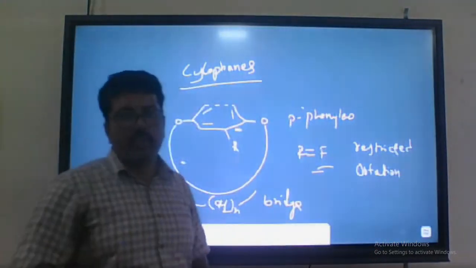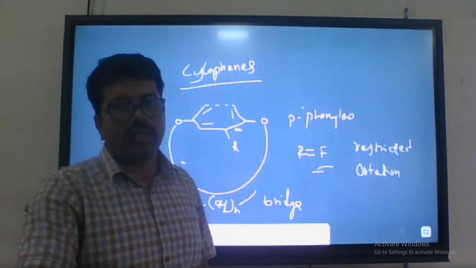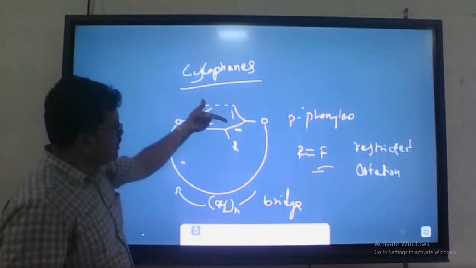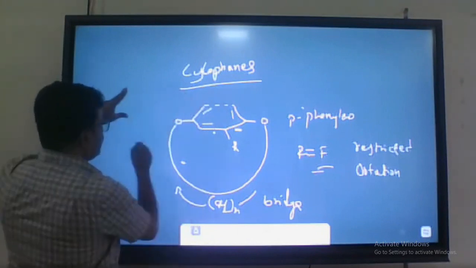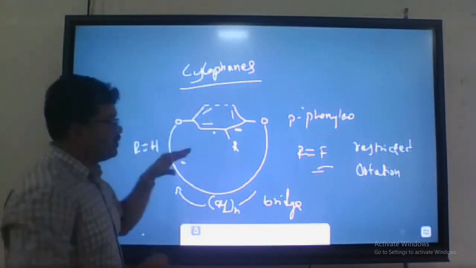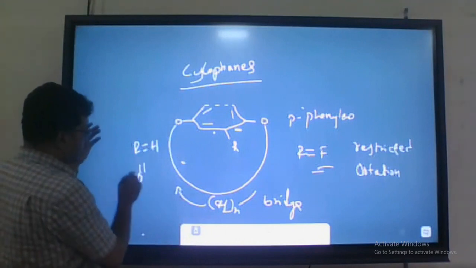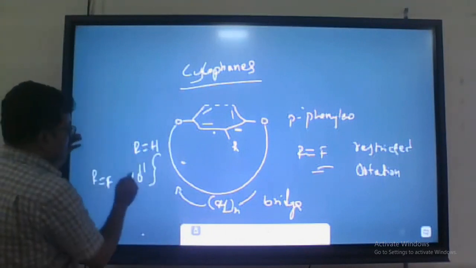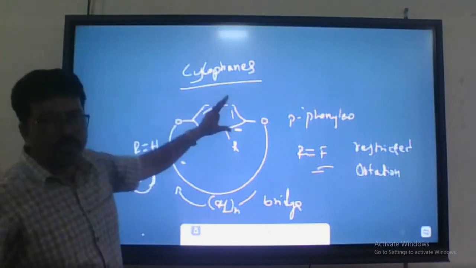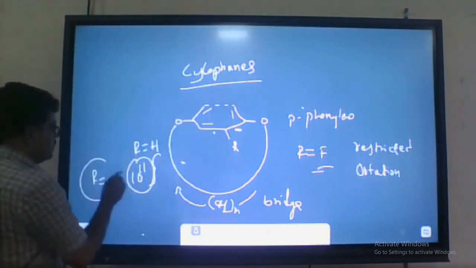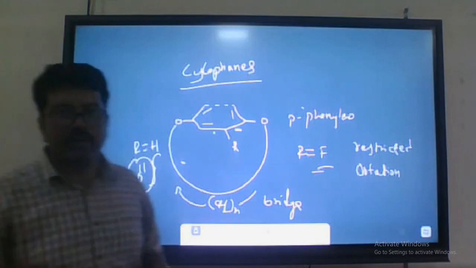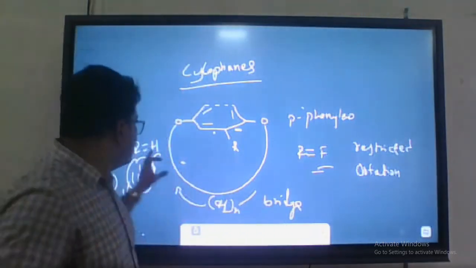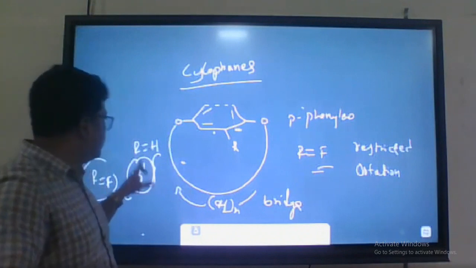Look, the ring flips, turning this way and that way, when R is hydrogen. Compared to R equal to fluorine, it flips 10 to the power of 11 times more. If you substitute fluorine, it decreases by 10 to the power of 11.